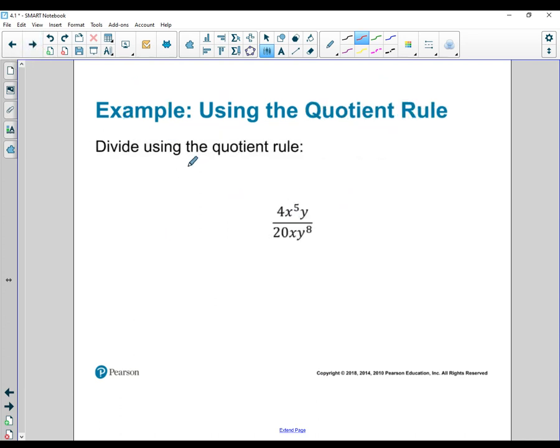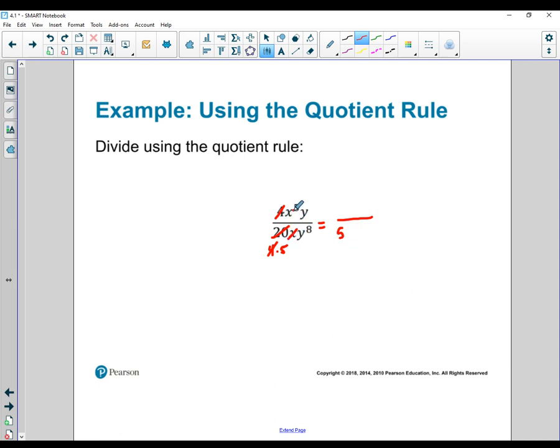But all right, so now using everything that we've learned, I'm going to do 4 and 20 first. Right, 20 is the same thing. A lot of us can do this in our heads, but if it helps, 20 is the same thing as 4 times 5. Right, so the 4s are going to cancel, and a 5 is going to be left in the bottom. Right, and now we have x to the 5th and x.